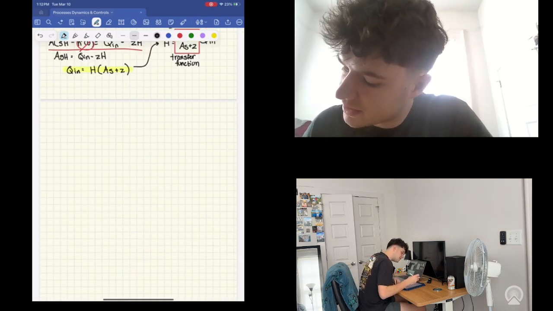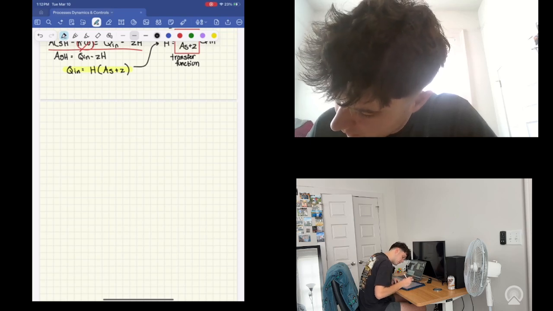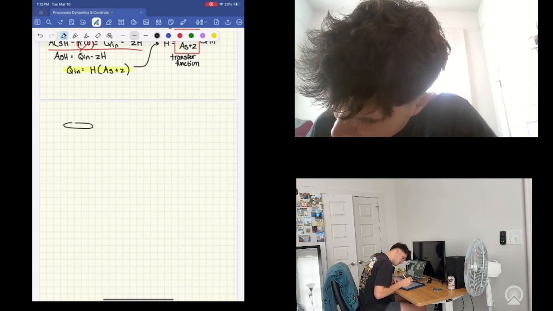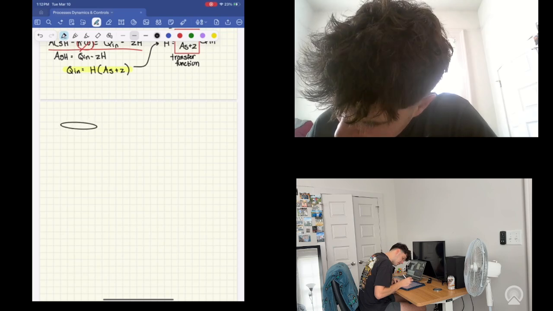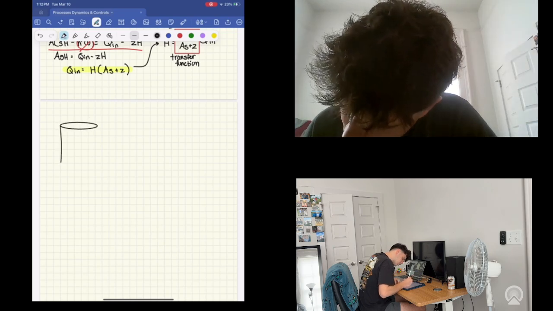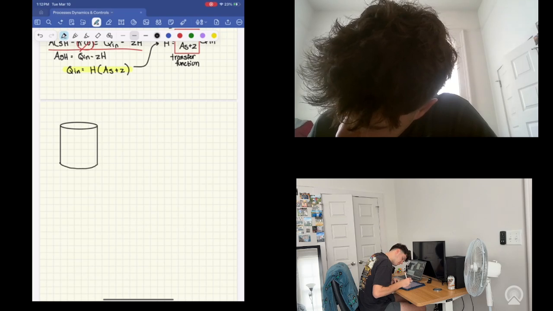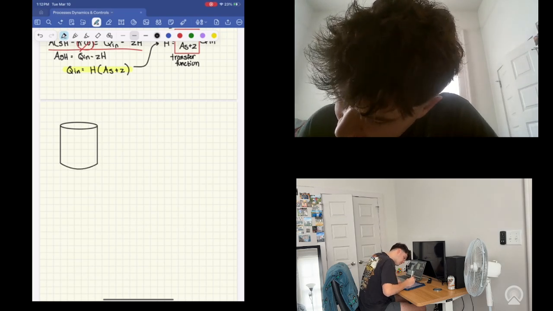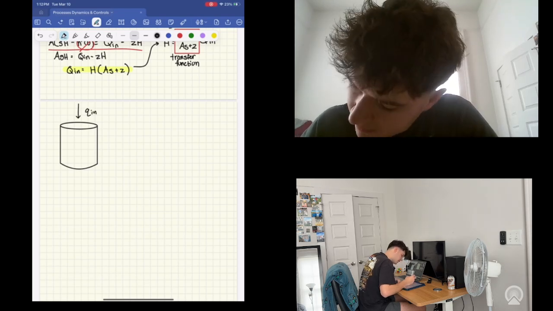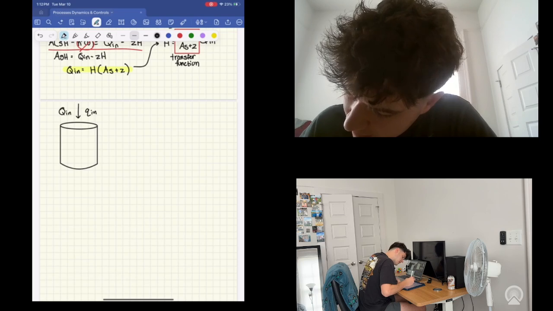So now we will look at this in an actual system. So imagine here we have a gravity drain tank. So now we have this arrow pointing in. This arrow will have our little qn and our big Qn.